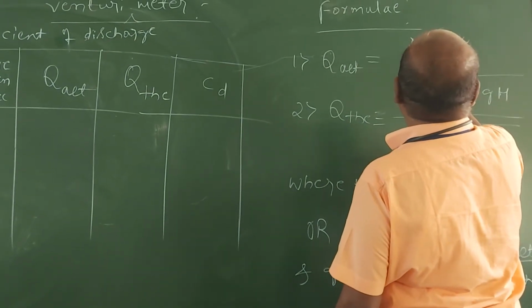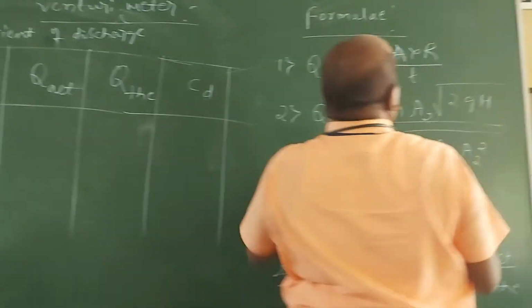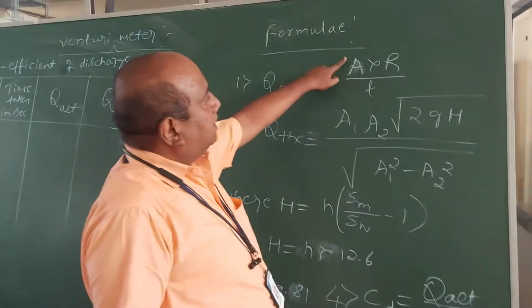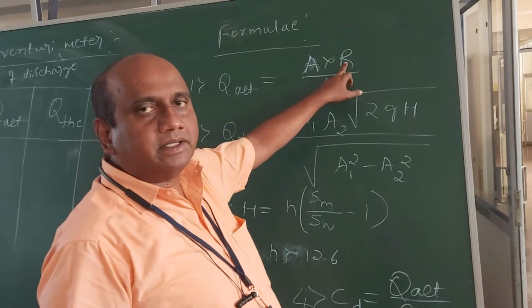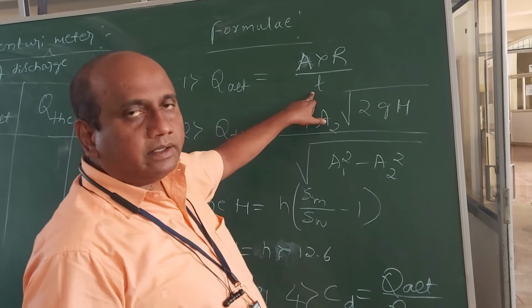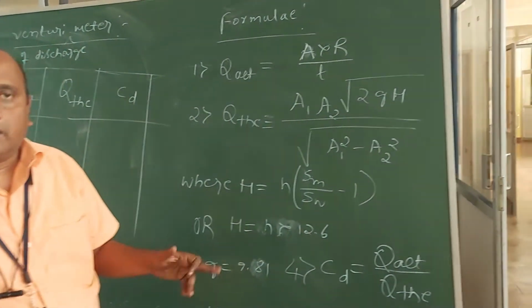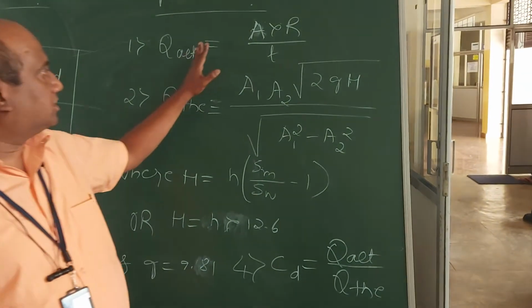What is A? A indicates the area of the collecting tank, R indicates the rise in water level for 10 centimeters, and T indicates the time taken for the rise of water level in the collecting tank. So that is Q actual.